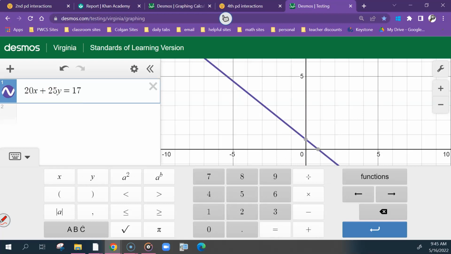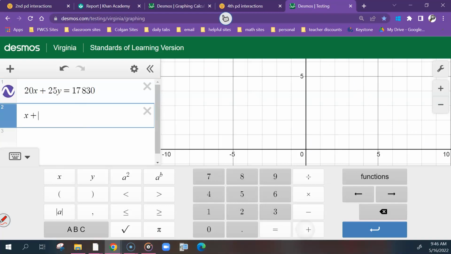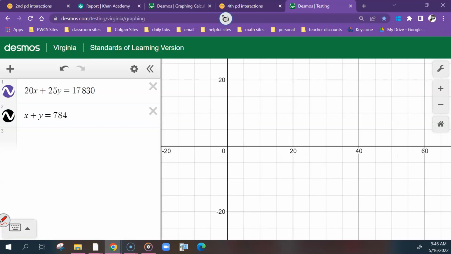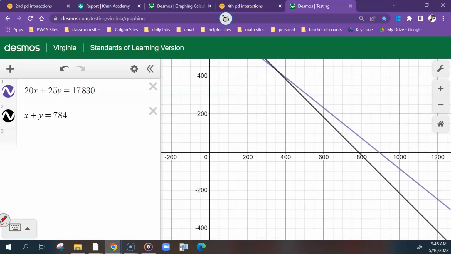What was that number? 17,830. X plus Y equals 784. These are big numbers, so you'll have to zoom out and find these ones.